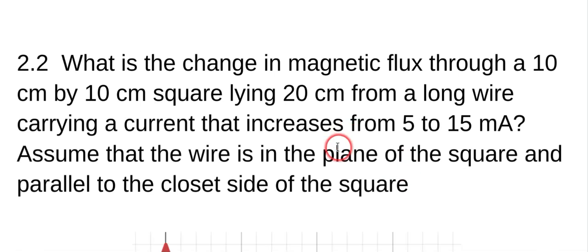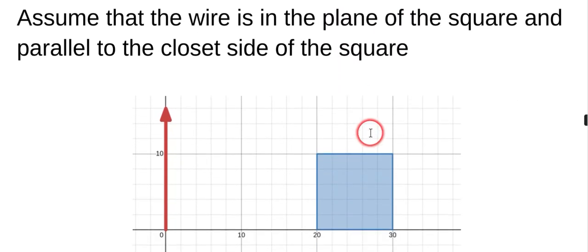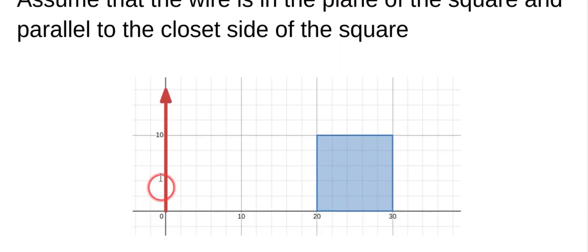All right, so I drew a little picture here. So this is the current, right? It's going in some direction 20 centimeters away from a box that is 10 by 10. Okay? Now, in the chapter before the problem, I was trying to think, how am I going to envision this magnetic field?